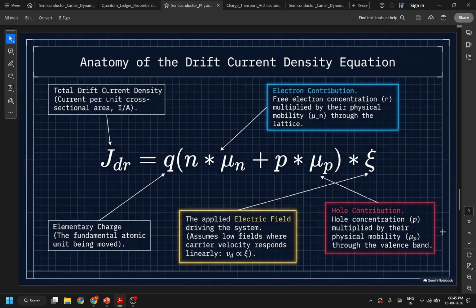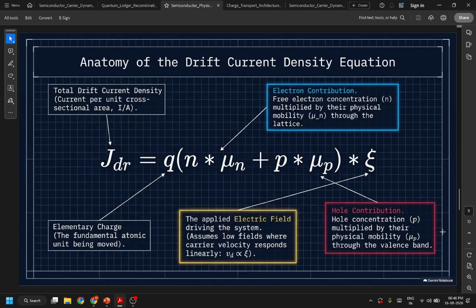Similarly, for holes, it is hole concentration p multiplied by the mobility mu p through the valence band. And you multiply it with q, which is the elemental charge, and with the applied electric field E, which is driving the system.